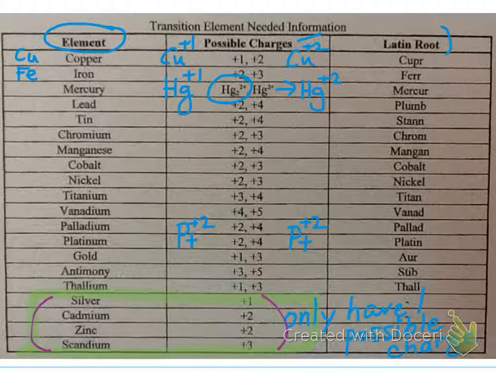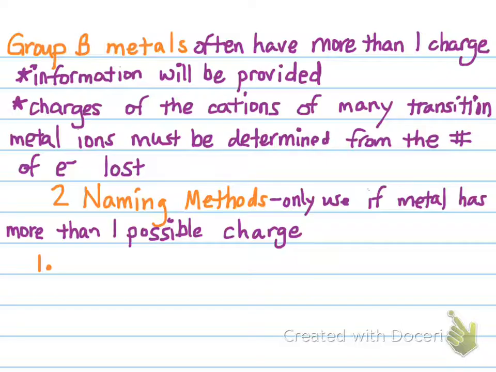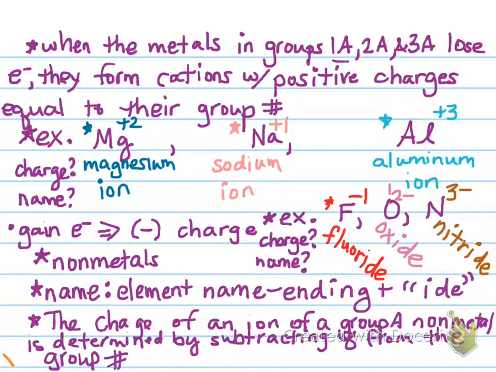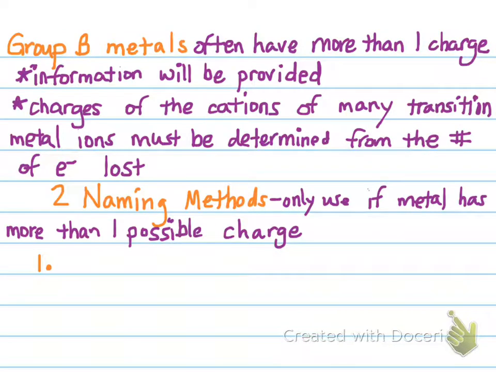I don't have to tell them which one it is the way I do with these up on the top. For ones with only one possible charge, we just name them: silver ion is just silver ion, cadmium is just cadmium ion. We just use the element name plus the word ion. So for the two naming systems, the first system is called the stock system.